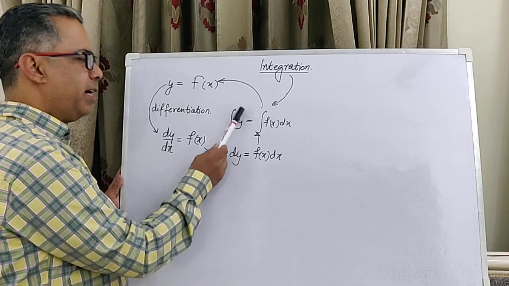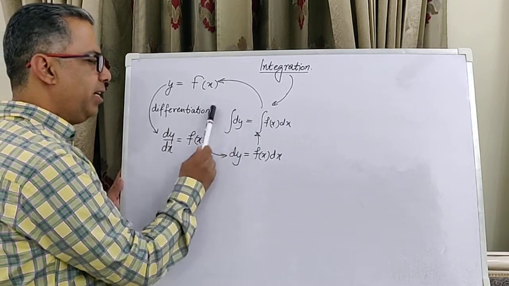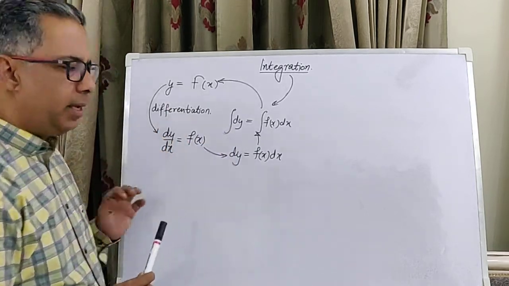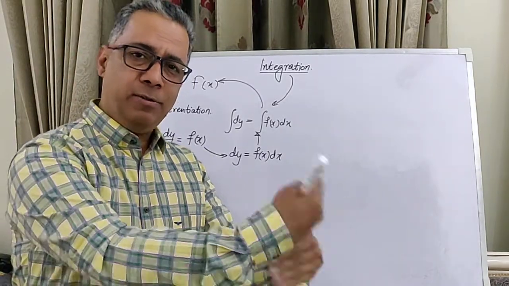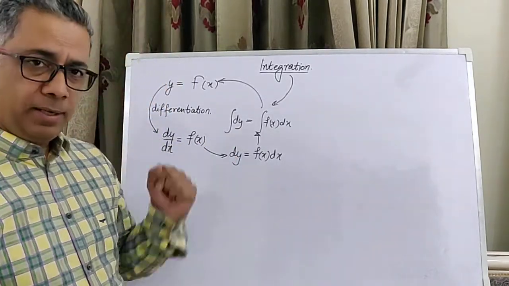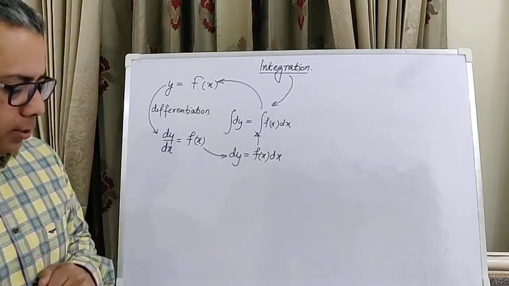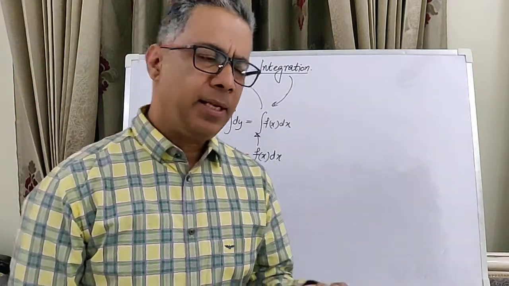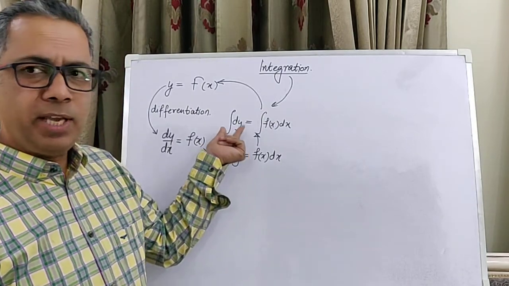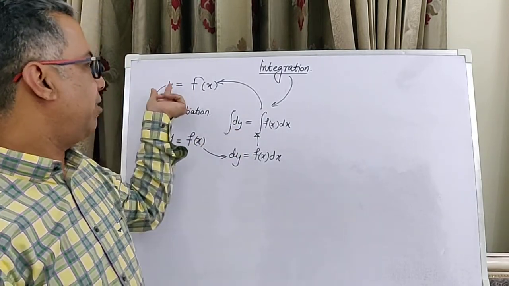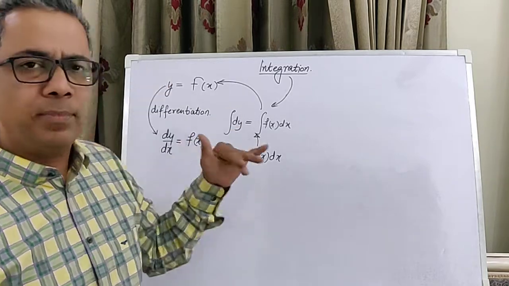When we integrate dy, we get y. And when we do a summation of dy, we add all the values of dy. Again, we get y. So in that sense, integration is a summation. So they are the same thing.